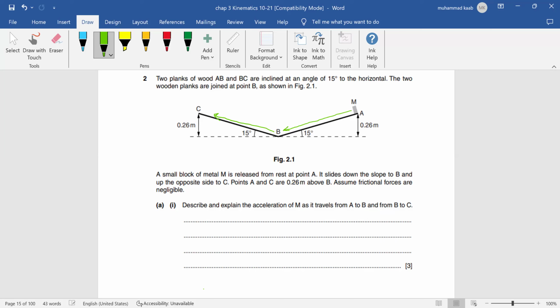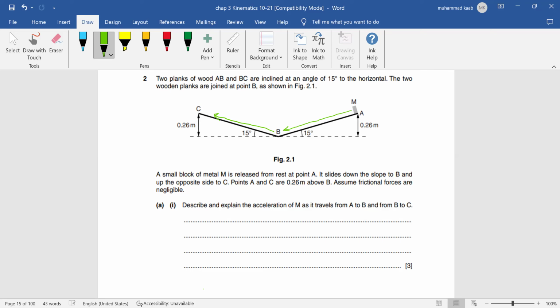So neither are you pushing the block nor opposing the motion, so there will be neither an increase nor a decrease in the acceleration. Okay, so there will be a constant acceleration. Okay, fine, is that clear?